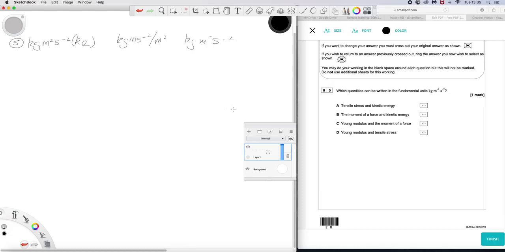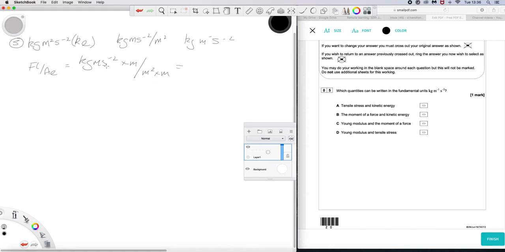Moment and KE, well, we know KE is wrong, so that's not going to work. Young's modulus and moment. Well, Young's modulus, that's FL over AE, if you remember. So that's force, kilograms meters per second squared, times meters, over meters squared, times meters. So that's meters cubed.